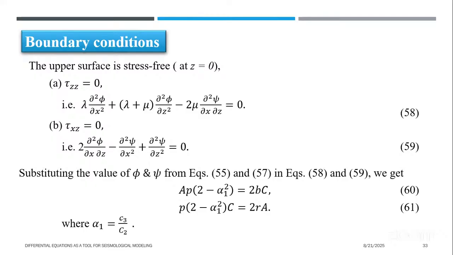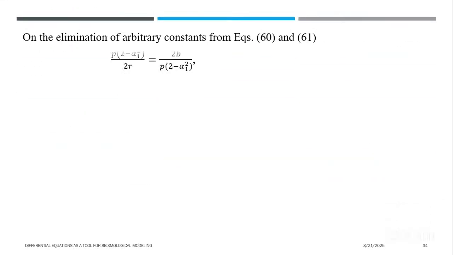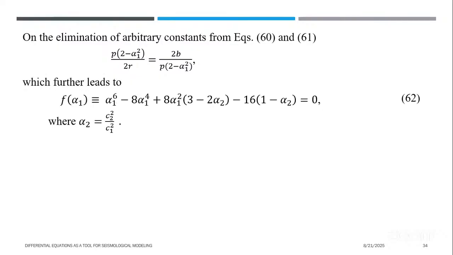From these two equations, if we eliminate the arbitrary constants, we are able to get this. And if we further solve, we get an equation like this. It's a cubic equation in alpha 1 square. So 6 roots are possible. We are trying to find the value of alpha 1.